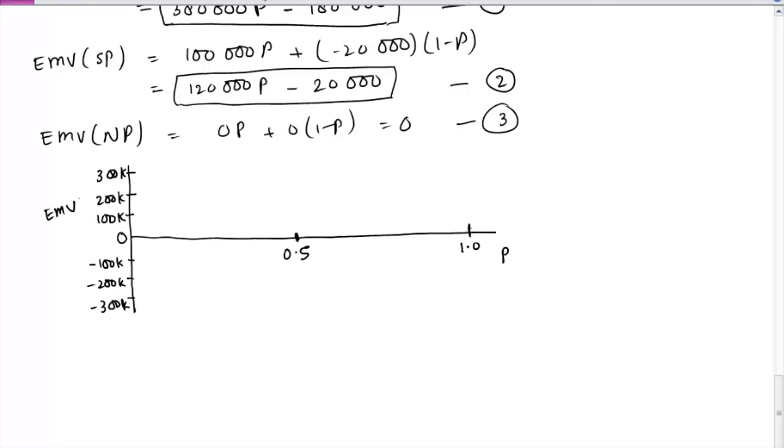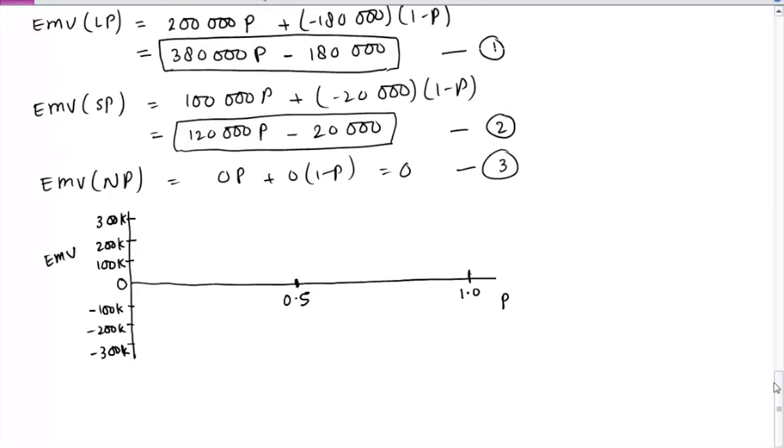So we can actually plot these three equations. Now if you take equation 1, if we put P equals 0 in equation 1, the 380,000 term vanishes and we are left with negative 180,000. So that point will be approximately here. And if P equals 1, 380,000 times 1 is 380,000, and minus 180,000 you get 200,000. So somewhere here.